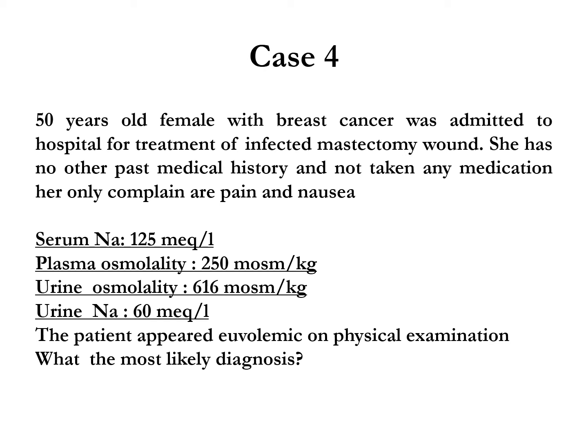Here the urinary osmolarity is high relative to the plasma osmolarity, the urinary sodium is high, and the patient is euvolemic. So most probably it is SIADH, syndrome of inappropriate antidiuretic hormone secretion. The patient is euvolemic, truly hyponatremic, with high urinary osmolarity and high urinary sodium.